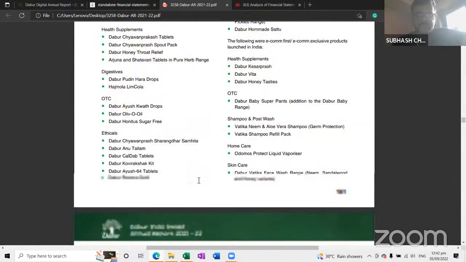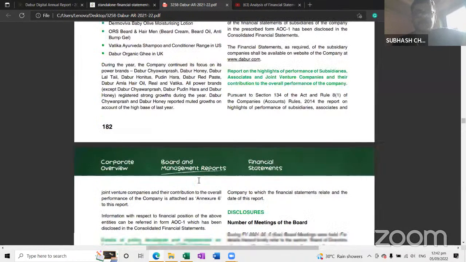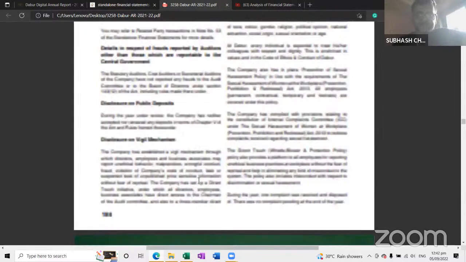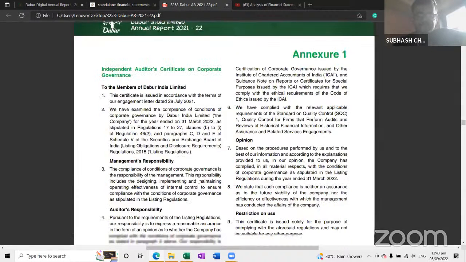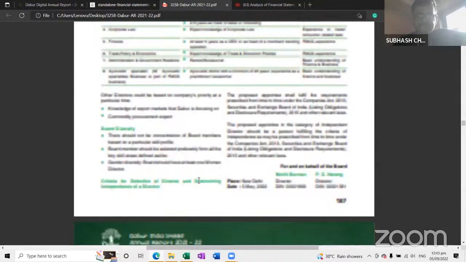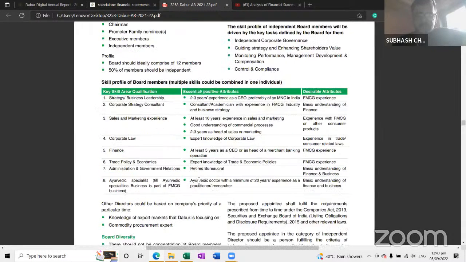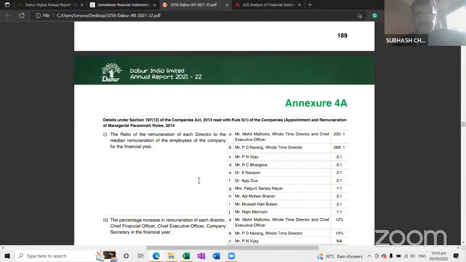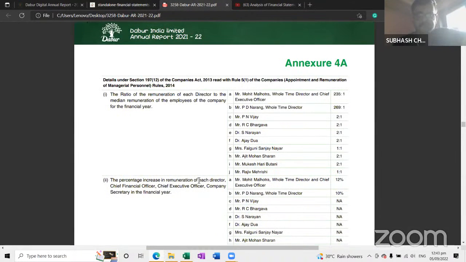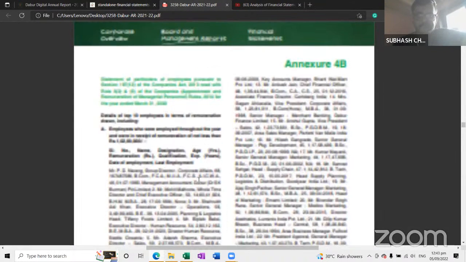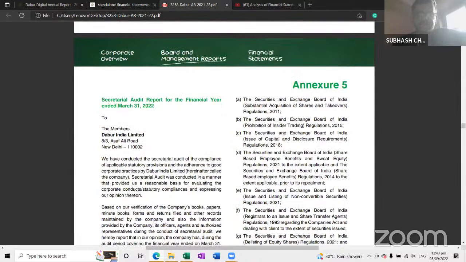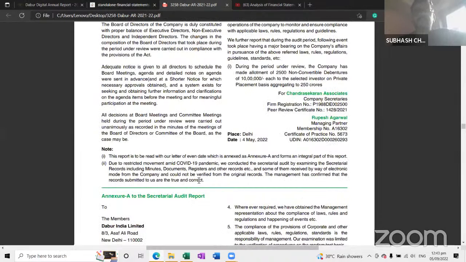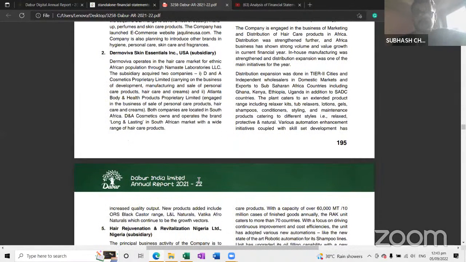So we'll check the audited report, and that will be the final for the day. The audited report is also very important. Not everything is important, but yes, if we go through all these things, you have a clear-cut idea what is going on actually in the company.